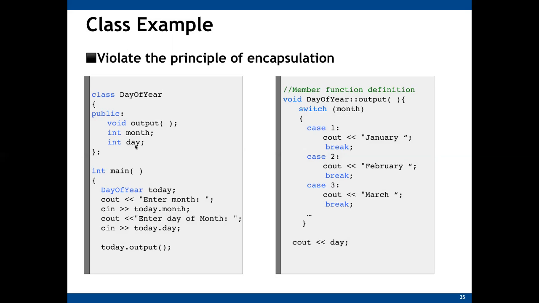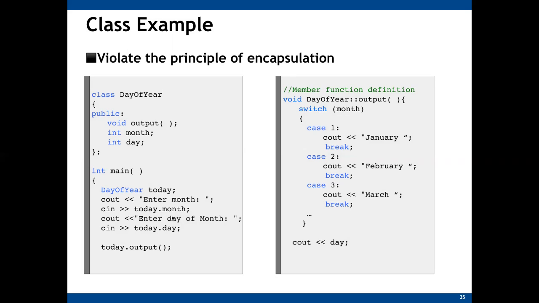Another problem is that the programmer can directly access and modify the member variables using a dot operator like this. This is bad because the programmer may mistakenly set incorrect values to these member variables.